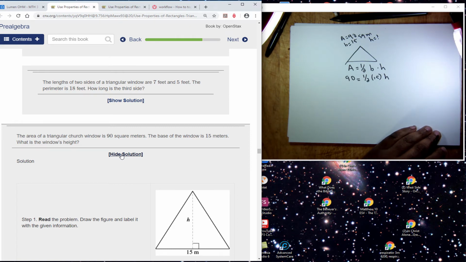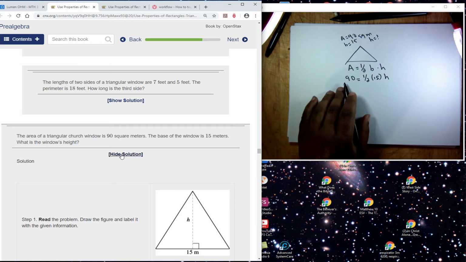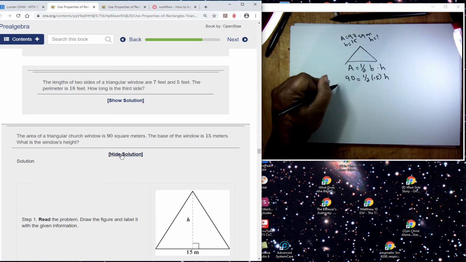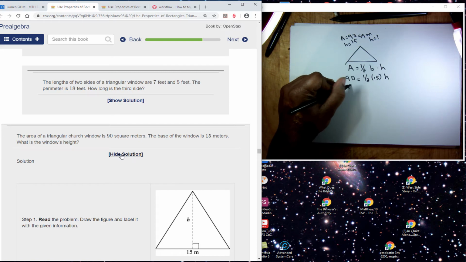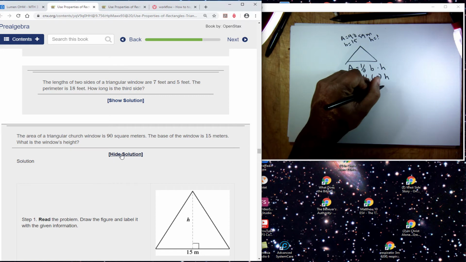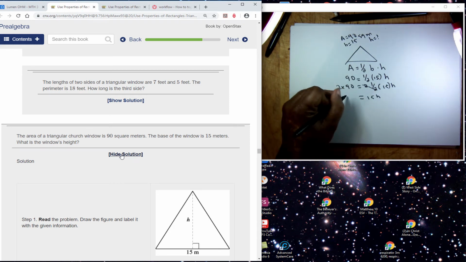Okay. Since this is all multiplication, and 1/2 is not a whole number, I'm going to multiply both sides by 2 and then divide by 15. If I multiply both sides by 2, that gets rid of the 1/2. Now I just have 15h. 2 times 90 is 180, so I have 180 here.